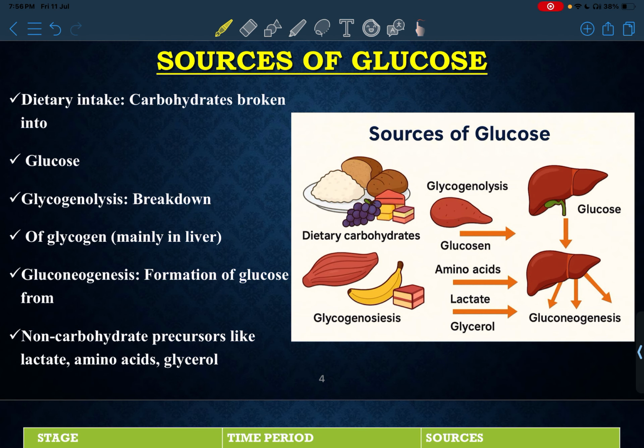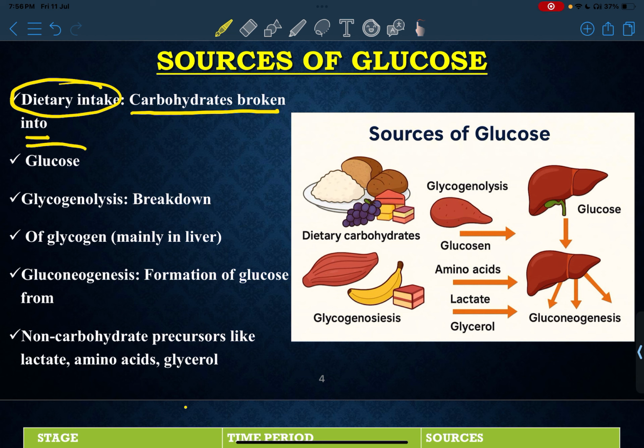What are the sources from where we get glucose in our body? At first, dietary intake. Through dietary intake we take carbohydrate, and this carbohydrate is broken down into glucose, and this glucose provides us energy. Next is glycogenolysis.